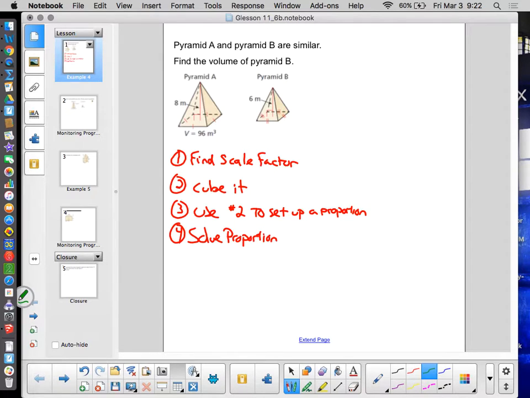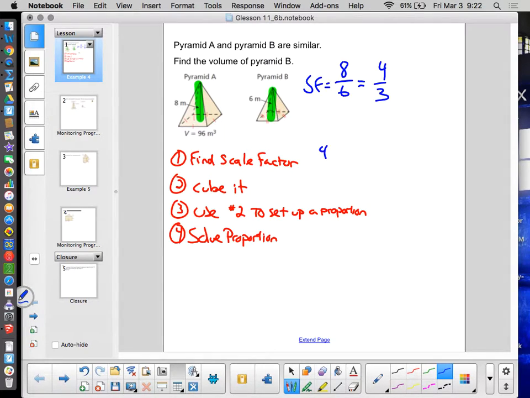First, we need to find the scale factor. I need to know one pair of corresponding parts that I know the lengths of both sides. So here, obviously, we have our heights. We got our height here is 8 and our height here is 6. So the scale factor, large to small, is 8 to 6. But we have to reduce that for a scale factor to the lowest term, so that's 4 to 3.